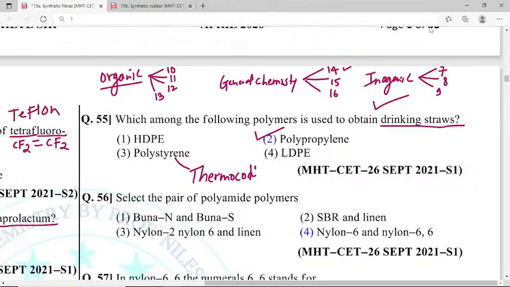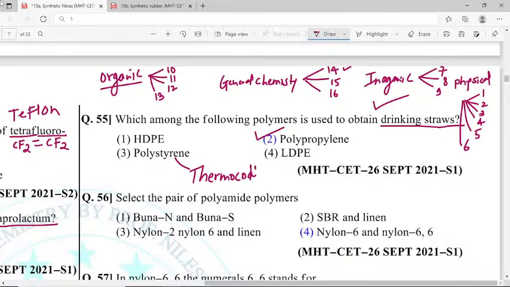After completion of inorganic comes physical chemistry: lessons 1, 2, 3, 4, 5, 6, and then 11th has 10 lessons.